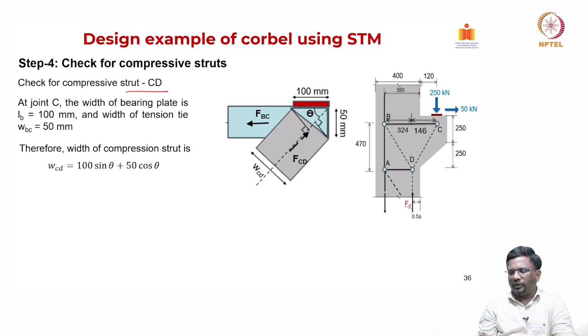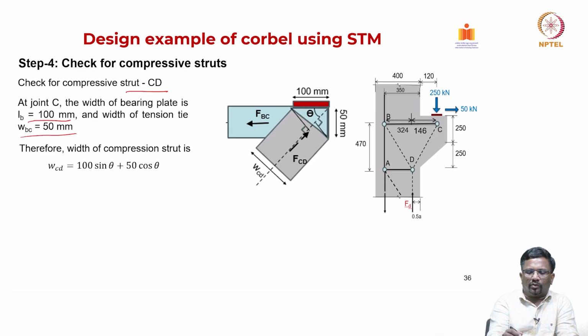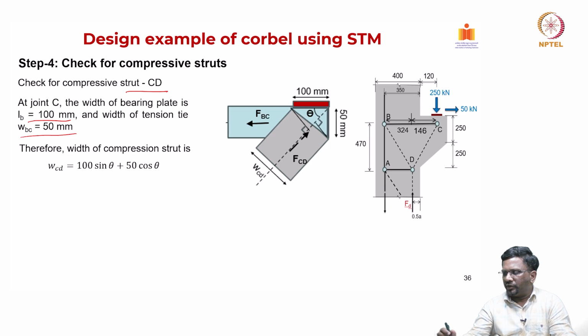Now, at joint C, the width of the bearing plate is 100 millimeter, right, and the width of the tension tie that we worked out was about 50 millimeter, right.